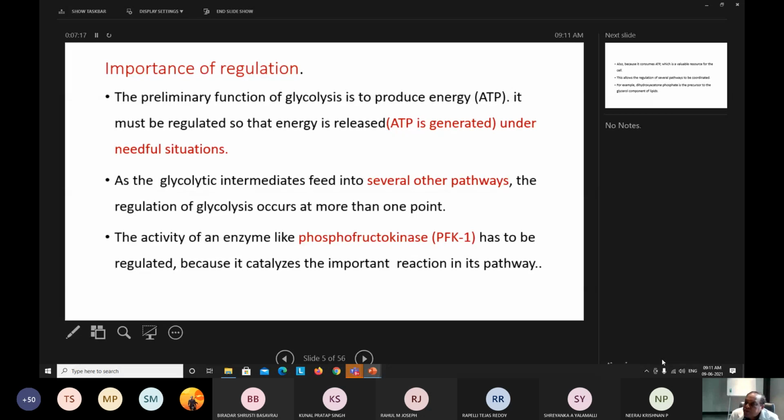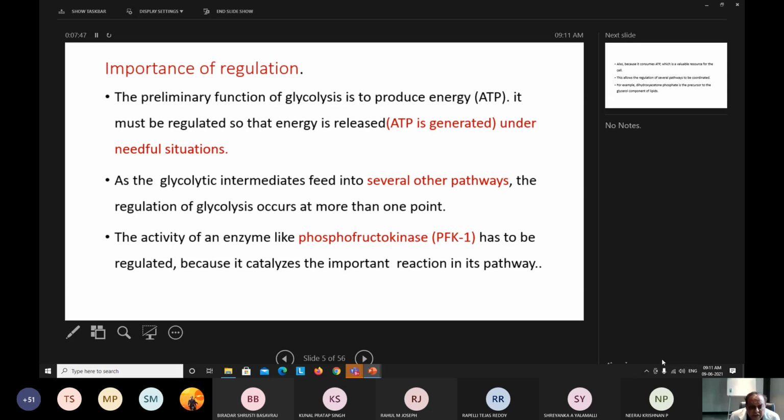Now, what is the importance of this regulation? The main function of glycolysis, as you know well, is the production of energy in the form of ATP, and only in a situation where there is a requirement of ATP should it be generated. That is the main agenda of this regulation.